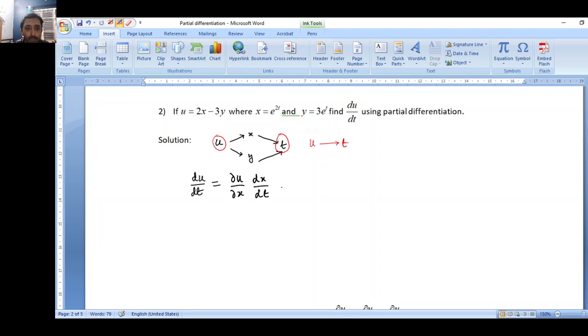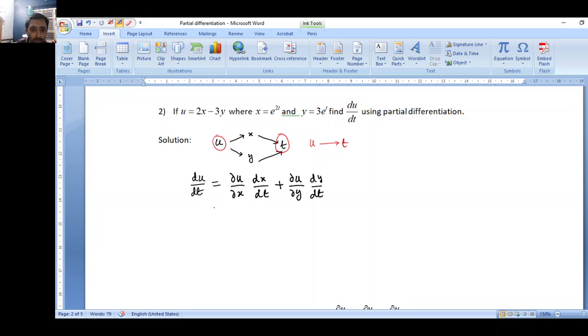So this is one way. The other way is from u to y, wherein we'll have to write dou u by dou y, because once again u depends on both x and y, and from y to t, because y depends only on t, this should be dy by dt. So this is the expression for du by dt.